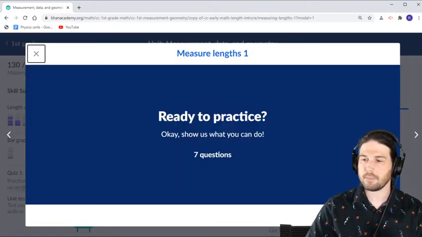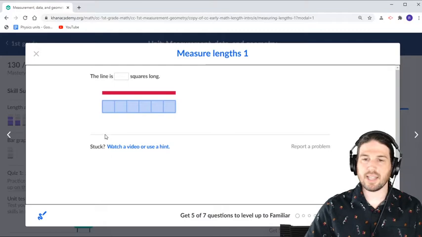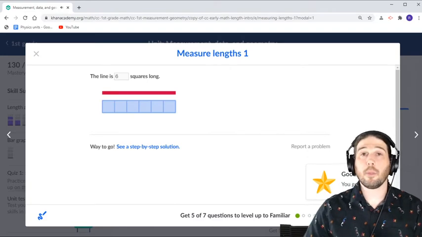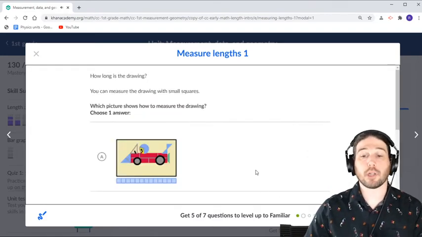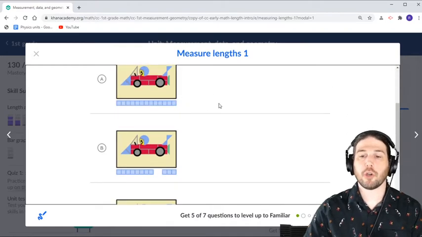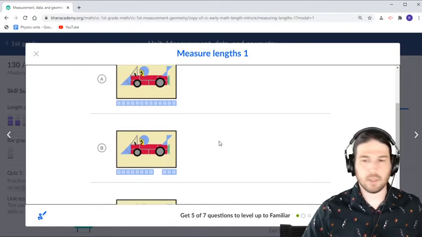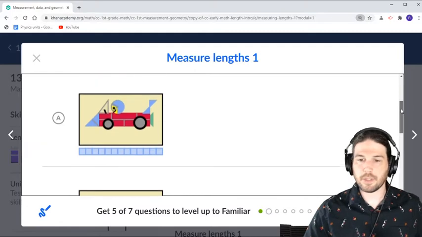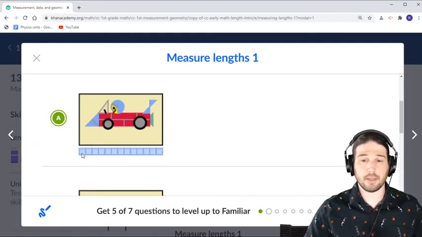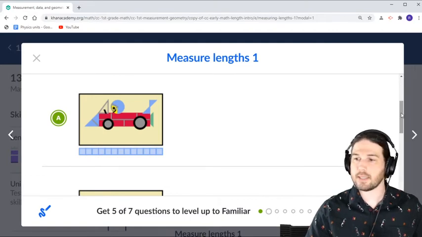So we're measuring. This line is 1, 2, 3, 4, 5, 6 squares long. Again, we are giving them basically a ruler, right? Let's see. How long is the drawing? Which picture shows how to measure it? Well, let's zoom in a little bit. This first one looks right. I'm pretty sure that's correct. You would take the blocks and line them up nice and neat.